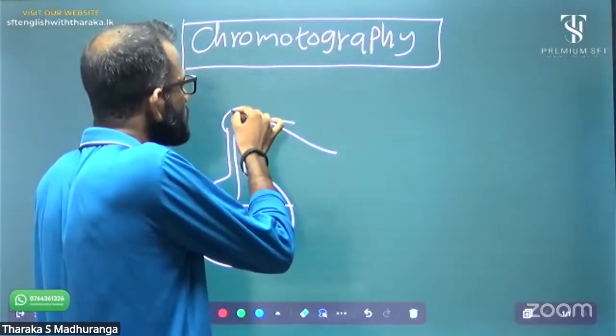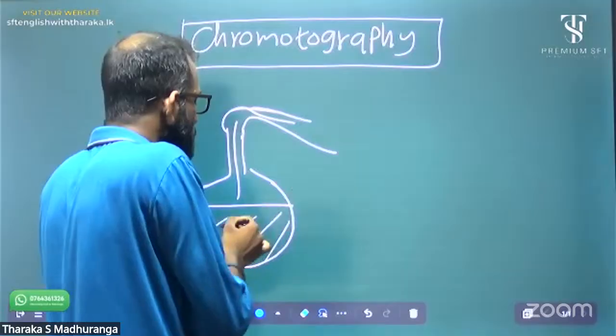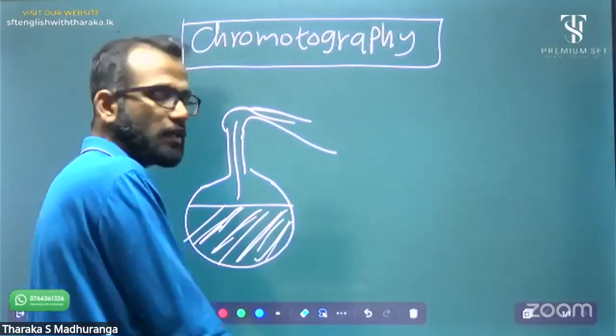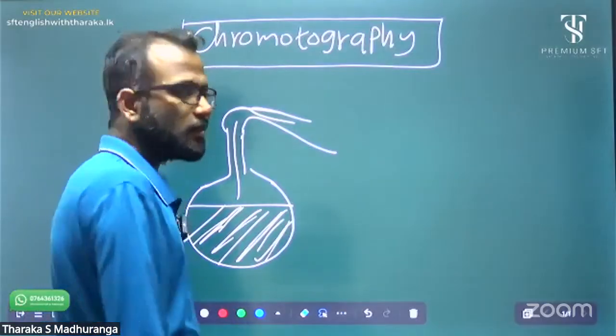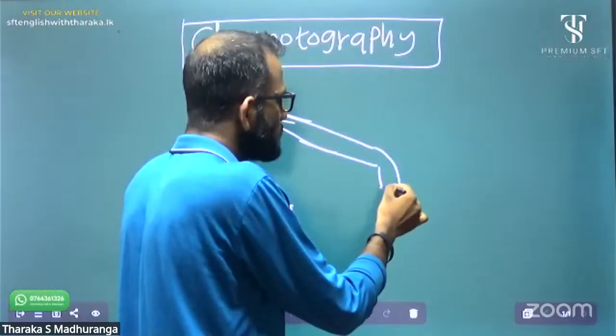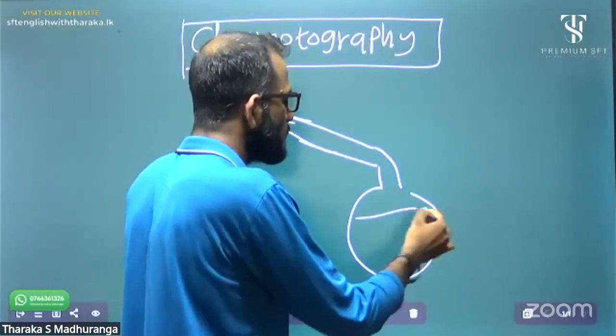In steam distillation, the first container has only solvent. Then the solvent is transferred to the plant material container.